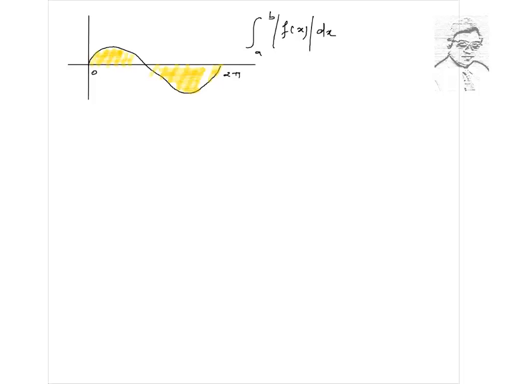So the best practice is this: the area between two points a and b is the integral of mod f of x dx. Any questions? Let me know.